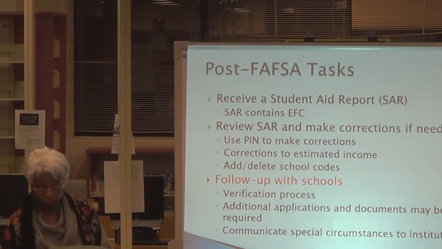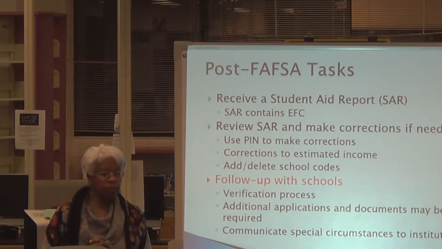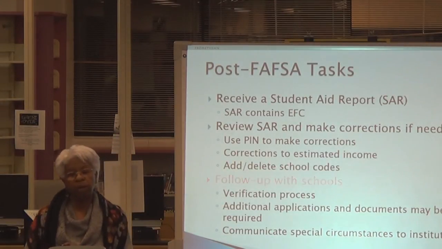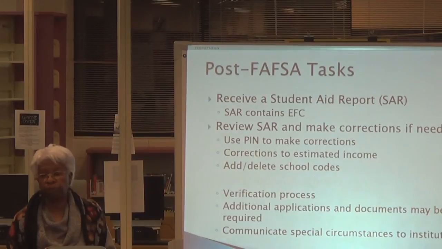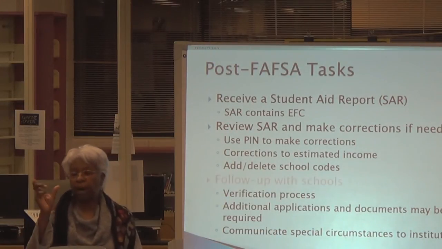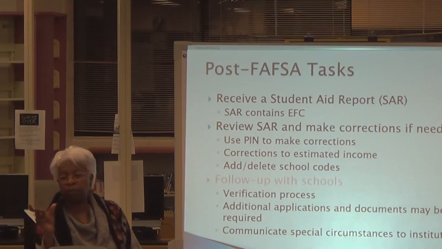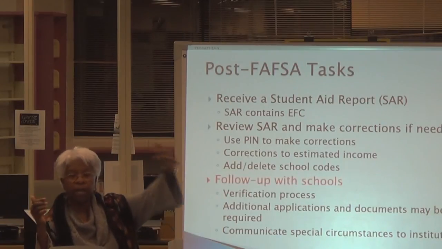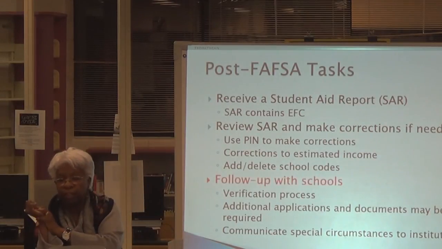Follow up with the schools. If you haven't heard from the school in probably a four-week period, follow up to see if they got your information. So many of our students will fill out the application for admission and not put down their social security number. Therefore, the FAFSA is just flying around in cyberspace and we can't pull that information in.